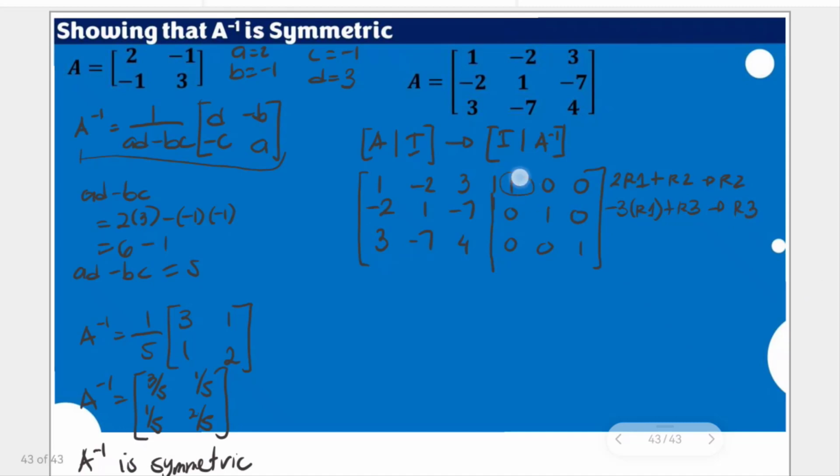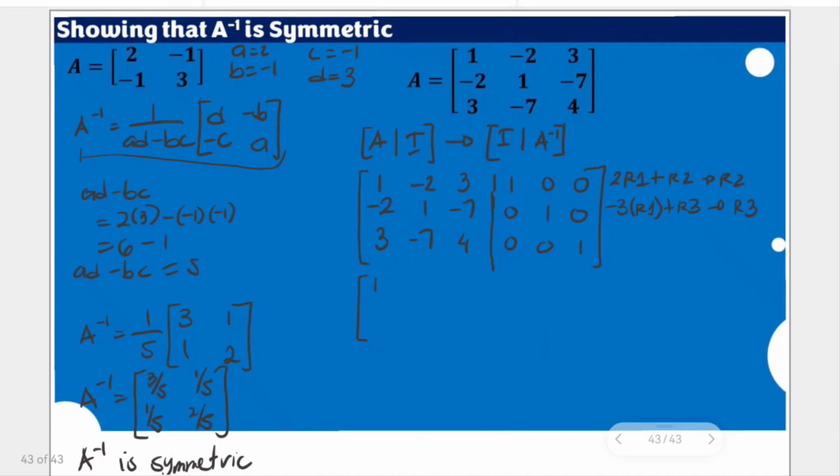Do the same thing for these entries. So you will have 1, negative 2, 3, and 1, 0, 0 for the first row. For the second row: 2 times 1 is 2, plus negative 2 is 0. 2 times negative 2 is negative 4, plus 1 gives negative 3. 2 times 3 is 6, plus negative 7 is negative 1.